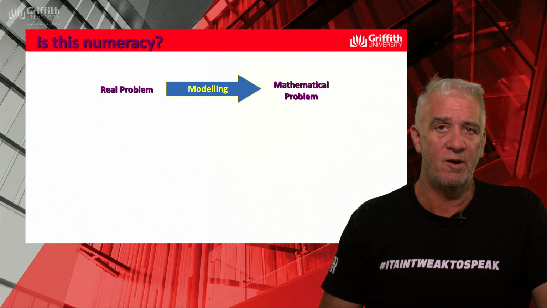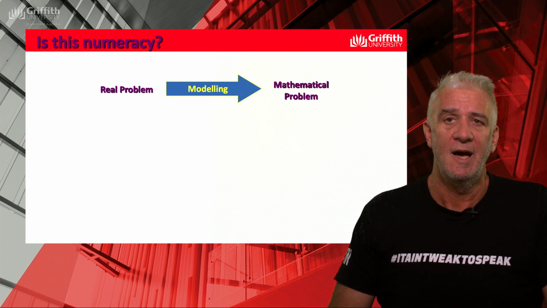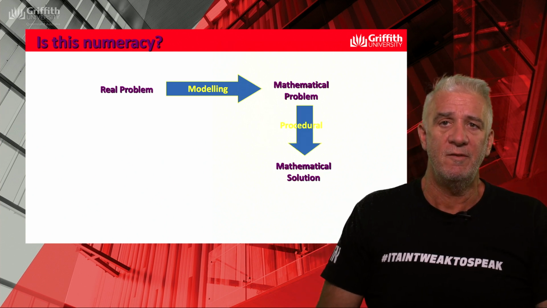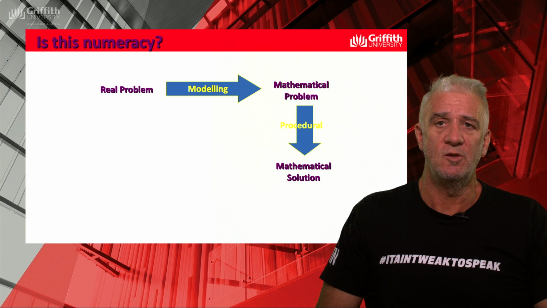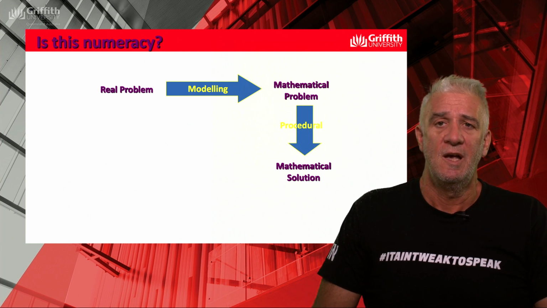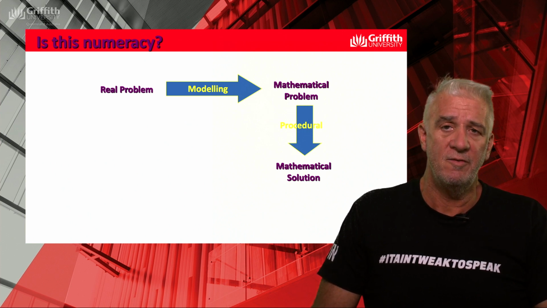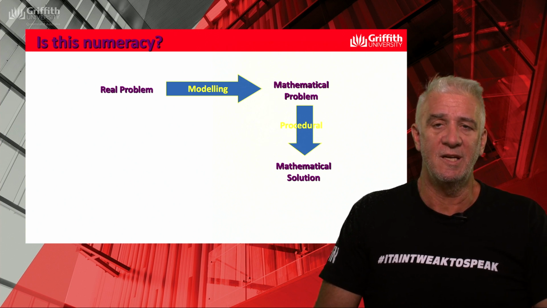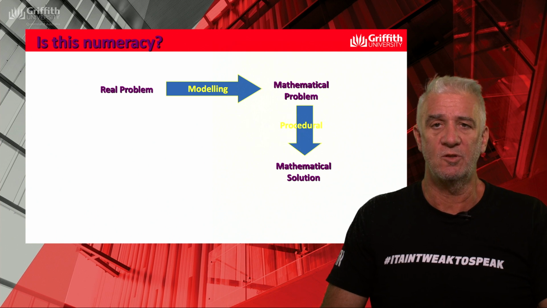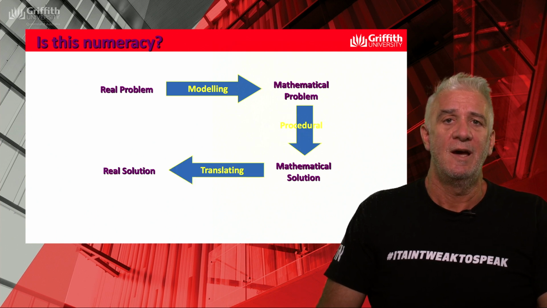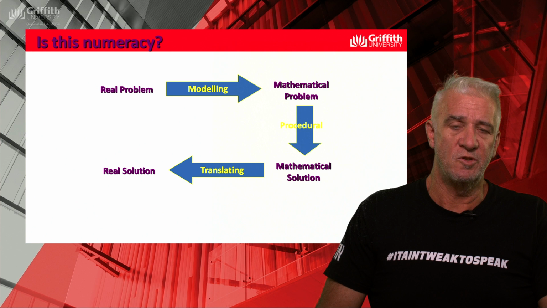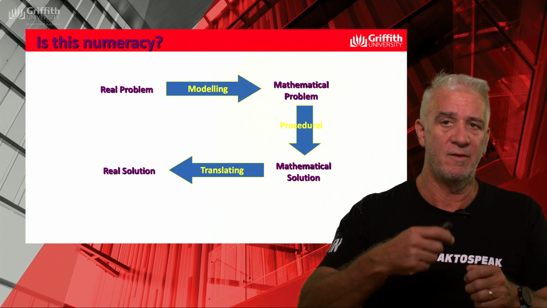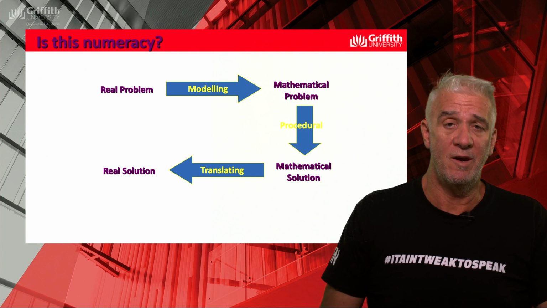So that's therefore modelling your front lawn with a diagram, and therefore it becomes a mathematical problem to try and find the area. You'll then find a mathematical solution using mathematical procedures, and you'll find the area of the front lawn, and then you'll work out how much fertiliser you need based on how much fertiliser you need per square metre. And then you'll translate back to the real solution where you'll go and measure out the fertiliser, you'll put it in your little spreader thing, and you'll spread it around the lawn.